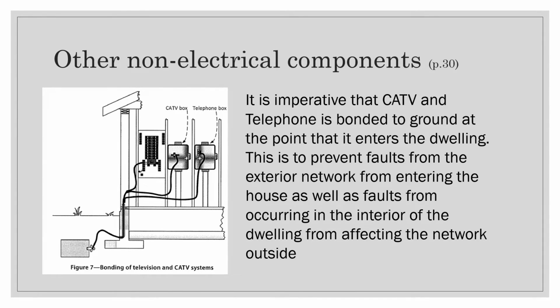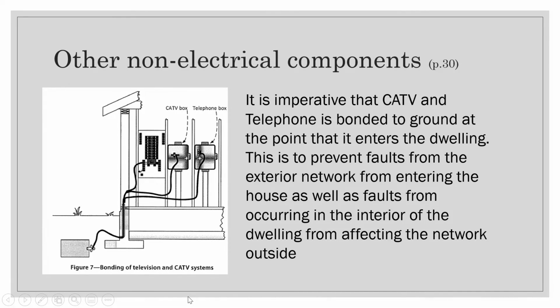And the other thing we have to worry about, on page 30, it talks about bonding cable coming into your home as well as telephone. They bond it to ground, and this is usually the structured cabling folks who worry about this. I've never worried about this doing electrical in a single dwelling home, but they're going to bond these two components here to ground.